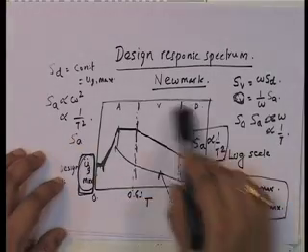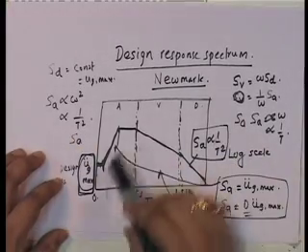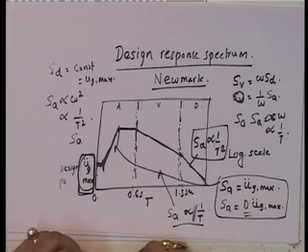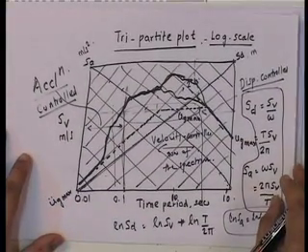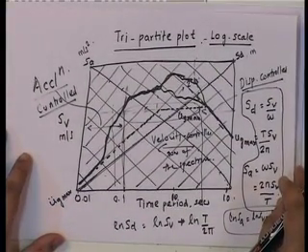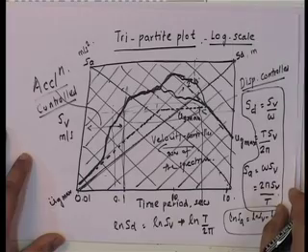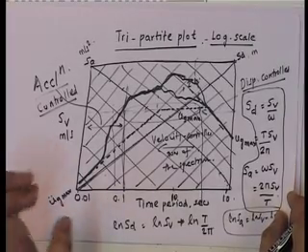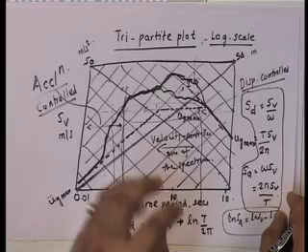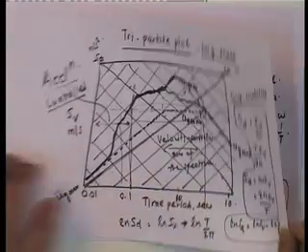So, that is the interesting part of how the design response spectrum is developed. And all of this became possible because it was put in the tripartite log plot, and it became very obvious that the tripartite log scale gave us the acceleration controlled region, the velocity controlled region, and the displacement controlled region.